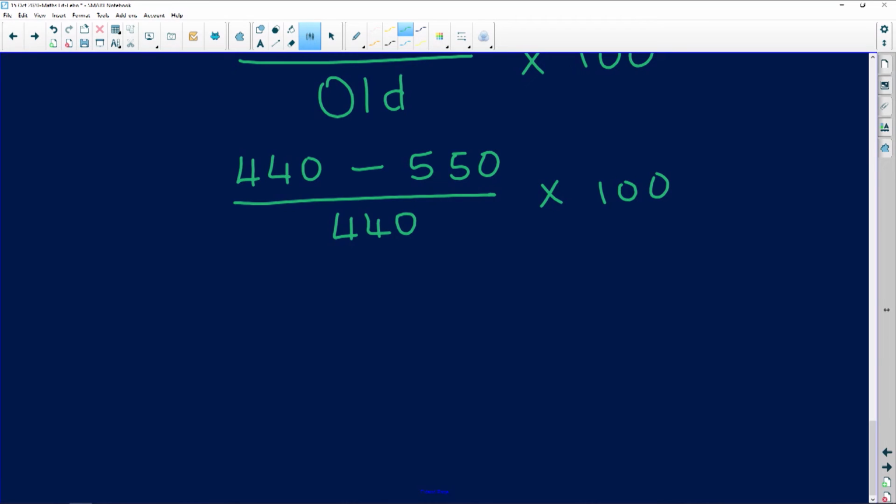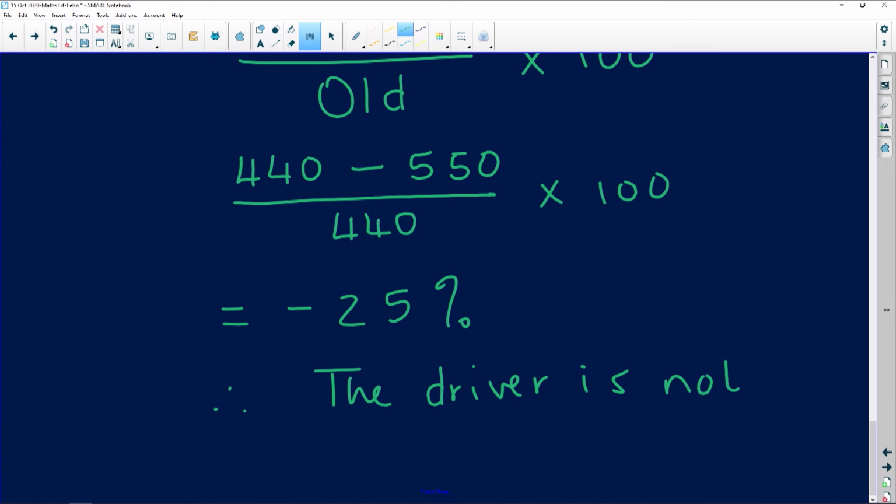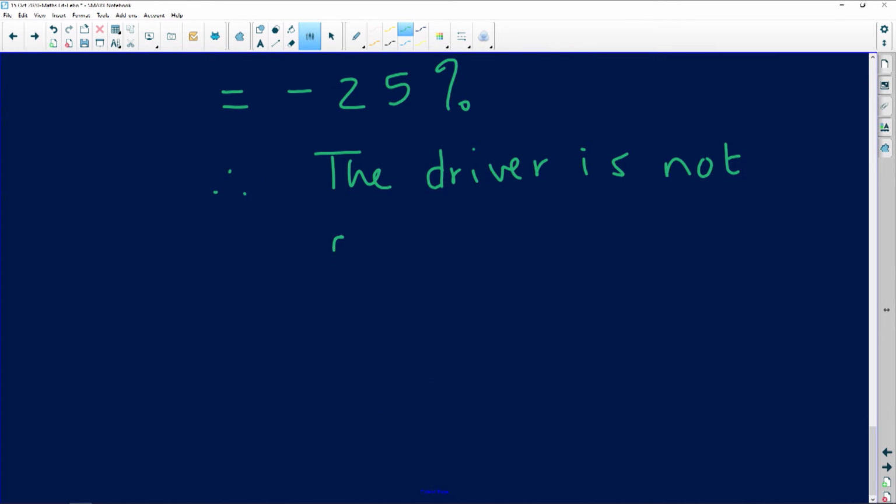So it means therefore the driver is incorrect. You're allowed to say that, guys. I find that sometimes learners will try to manipulate their answer to look like the answer that's been given in the paper, because they somehow think that the answer that's in the paper is always the correct one.